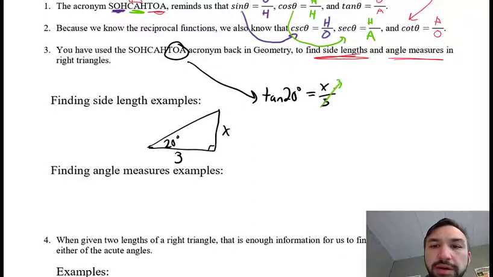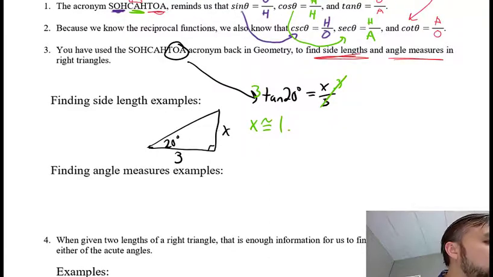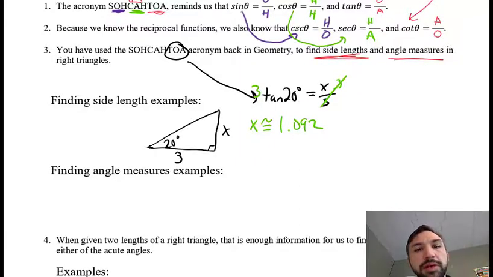Undo divide by 3 by multiplying by 3, and it looks like that length with those made up numbers would be 3 times the tangent of 20. Typing that in my calculator, making sure my calculator's in degree mode, that's about 1.092. So if this length is 3, this one being a little over 1 seems to be in the same ballpark.